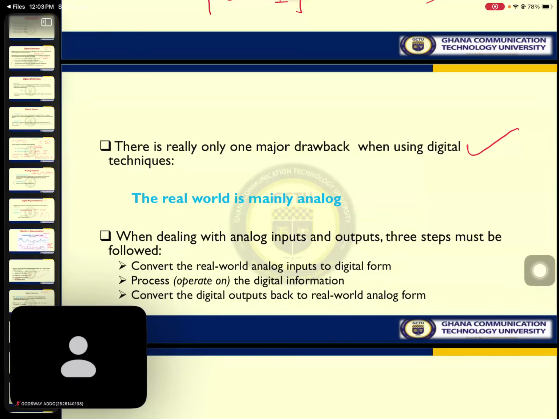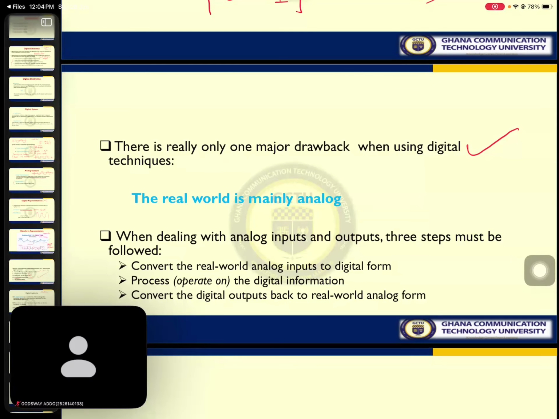Therefore, we must convert real-world analog signals into digital form before we can process them. I'm saying again that things like temperature, pressure, sound, light intensity, speed, distance, they are analog. But the digital systems need digital data. Therefore, we need to convert the real-world analog into a digital form for processing.